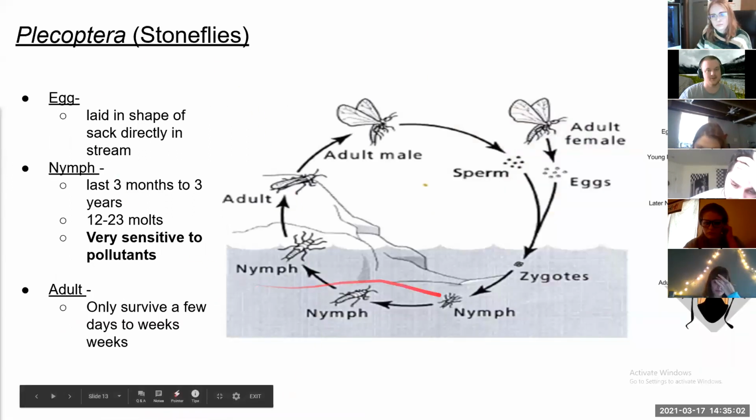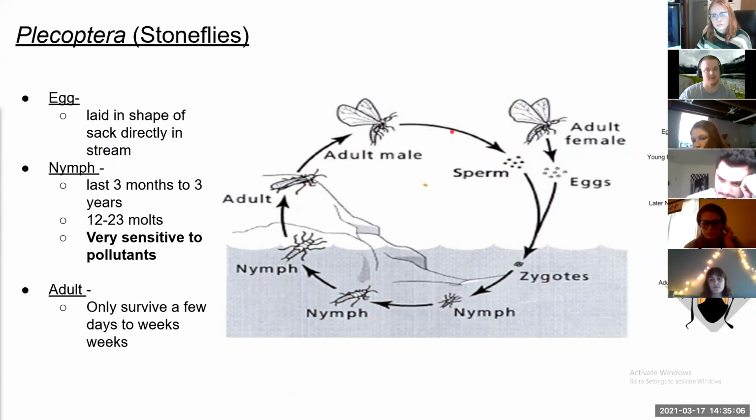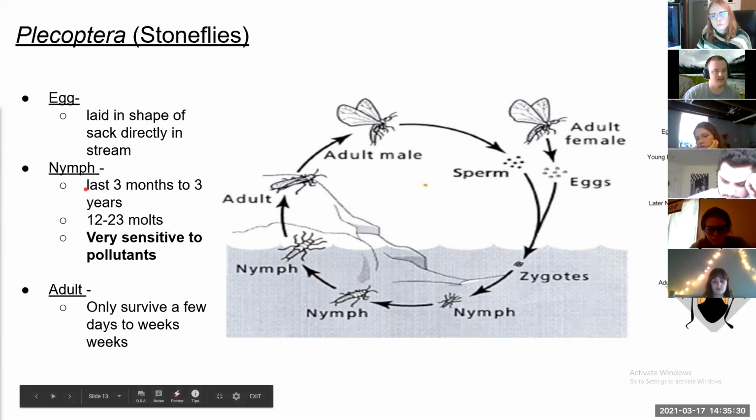Again, they have a very similar life cycle. They also exhibit incomplete metamorphosis, so the nymph stage will resemble the adult stage, except it mainly lacks wings. The eggs are laid directly in the stream by the female, and this time they are in a sac instead of being free floating individual eggs.